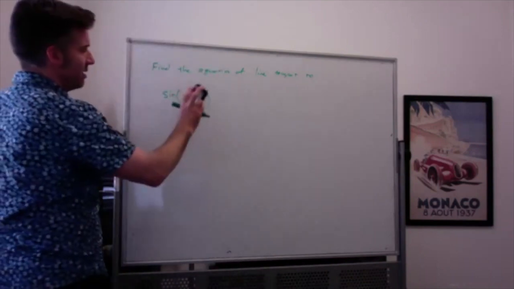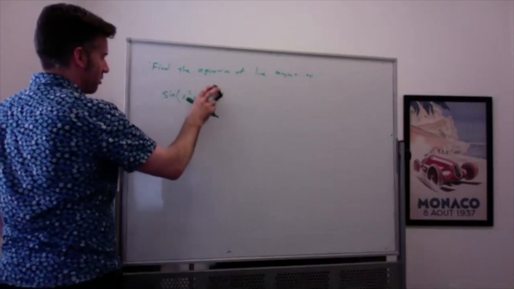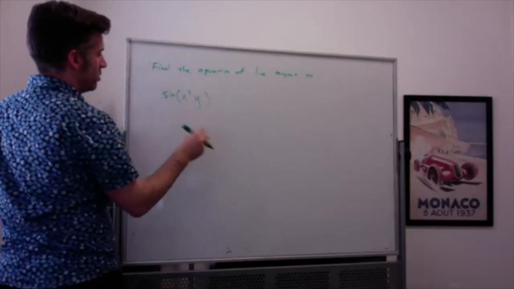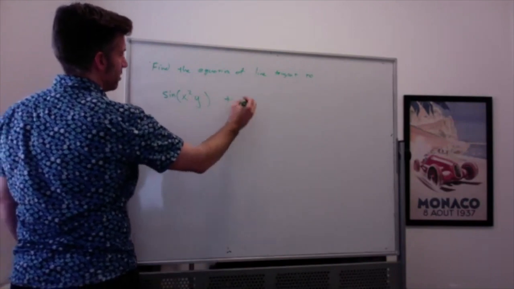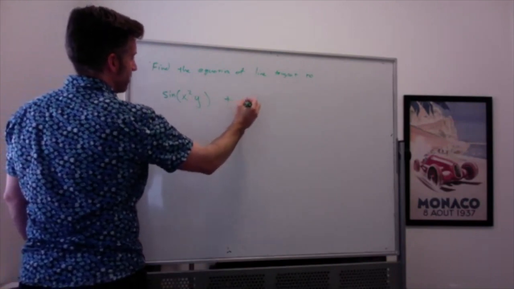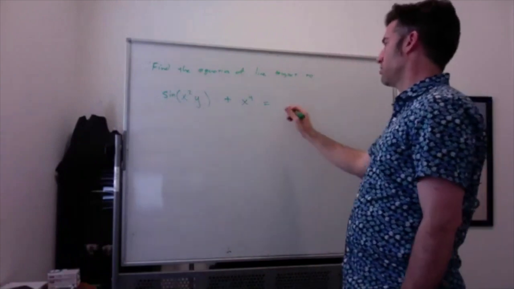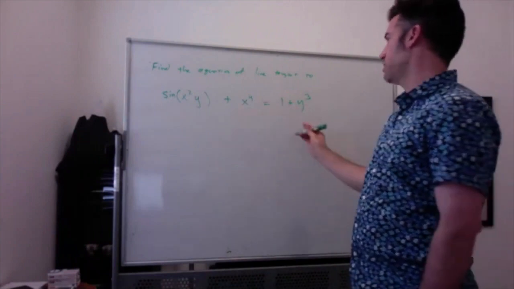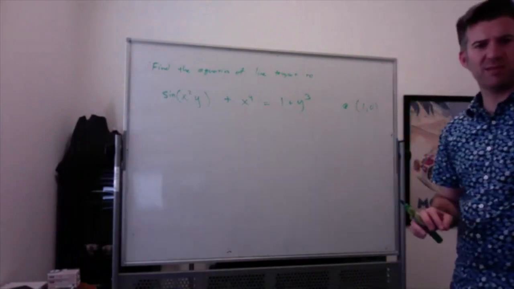Let me think for one moment here. That's always boring. Let's just make it sine of x squared times y, plus x to the fourth equal to 1 plus y cubed. So find the equation of the line tangent to this at the point (1, 0). Sure, that seems all right.